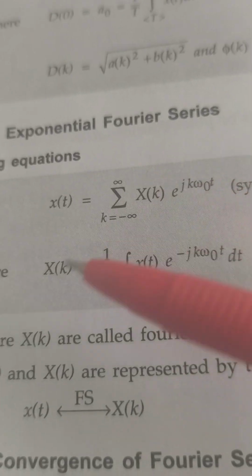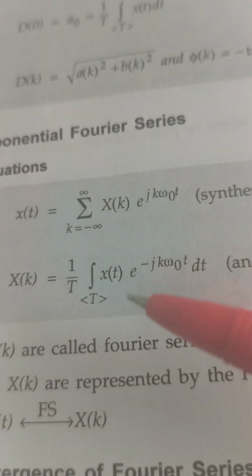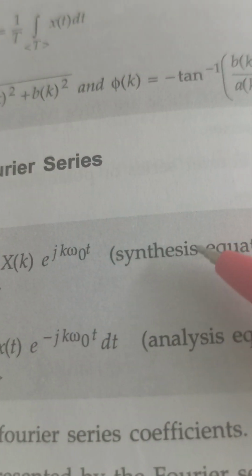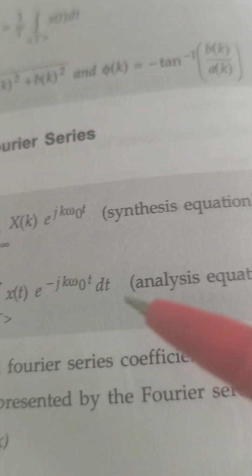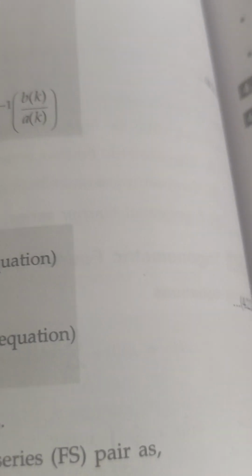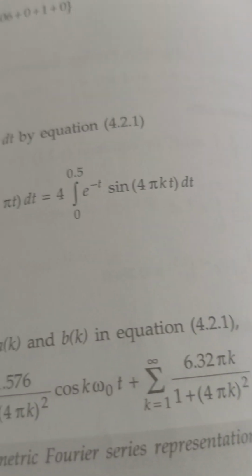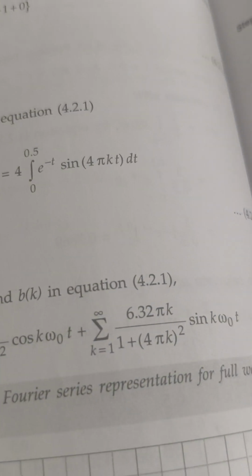Suppose we want to find X of k, we can find it like this. Therefore it is called the analysis equation. Using the equation number 4.2.3, we can find out the Fourier series of this signal.